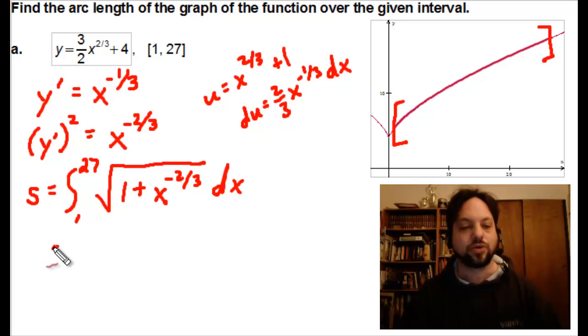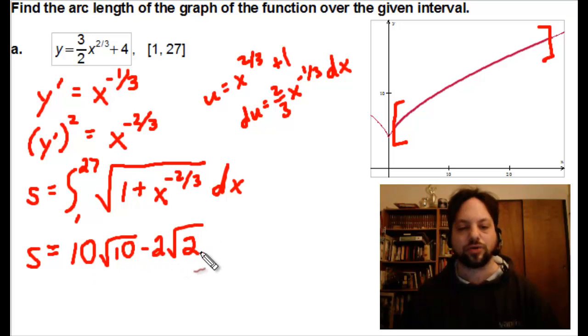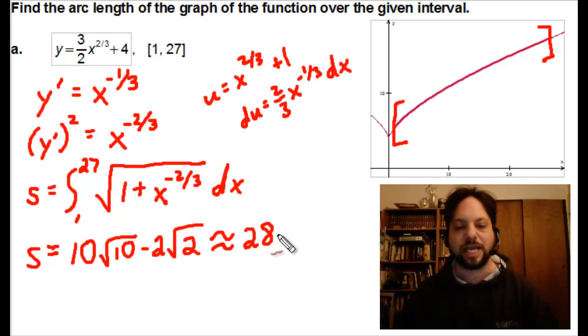And if you do this correctly, what we should get for our arc length is going to be 10 radical 10 minus 2 radical 2, which is approximately equal to 28.794 units.